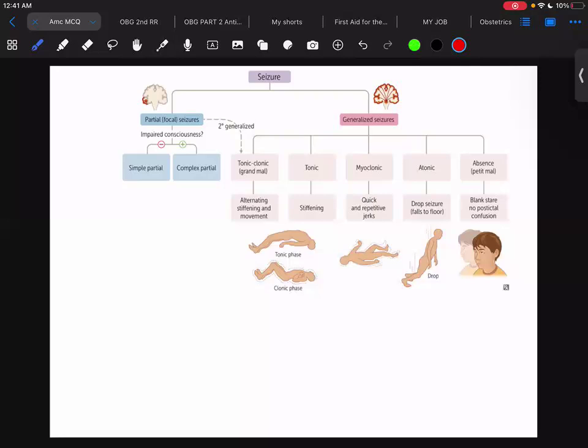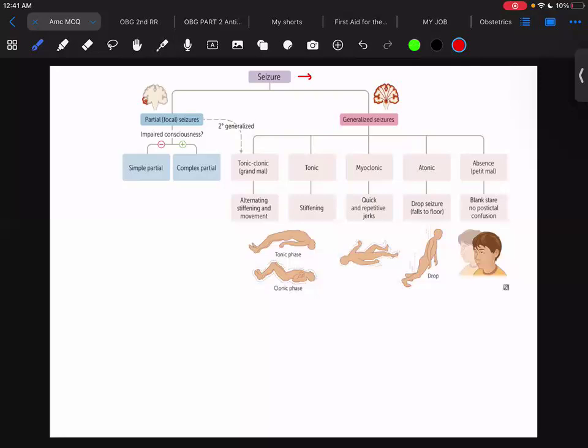What is basically a seizure? A very simple definition: it is characterized by synchronized, high frequency neuronal firing, right? That is what results in seizures. This is not rocket science for us.